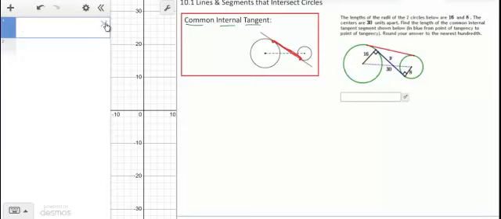So this is, by definition, what's called a common internal tangent. It's a line or a segment that's tangent to two circles and that intersects that imaginary line between their centers.